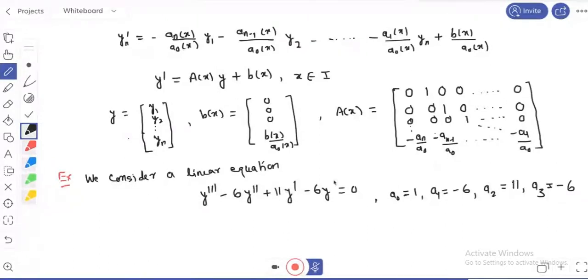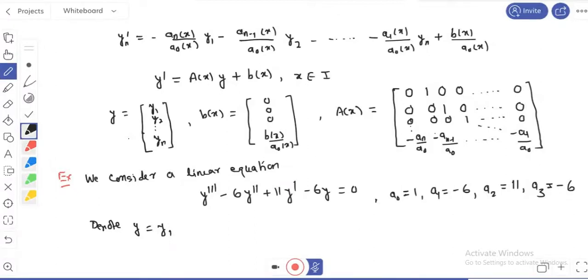Here we also denote a variable: y1 is the first variable, which is this y. So we take y equals y1.